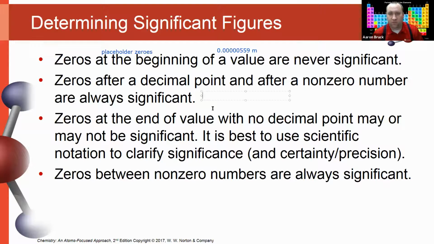So if I have a decimal point, let's take this value again, 0.0000059. If at the end of that, I had a couple of zeros, that would be significant. This is showing additional precision of the instrument compared to this one.